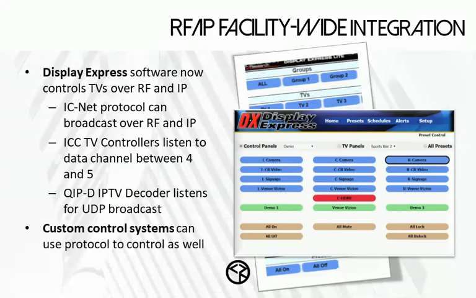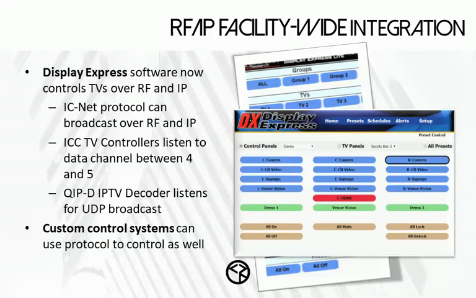A number of major stadiums and baseball parks are using this technology, mainly because we can broadcast a control channel all the way through the RF system, so they don't have to run CresNet or Ethernet to all the TVs. They can get their channels and control from the same coax cable. And the basic idea is this: you have software like we make. You could also use a Crestron system.